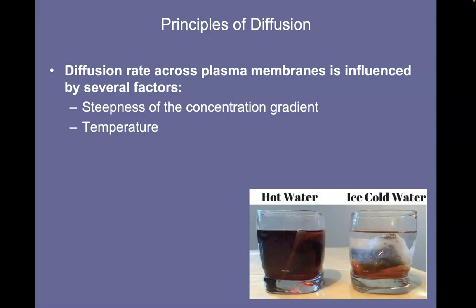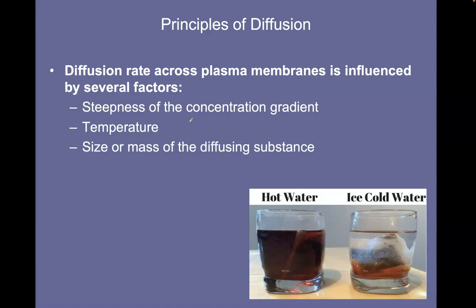We take our tea bag and put it in hot water because those molecules are going to diffuse much more rapidly into hot water than into ice cold water. So obviously, the warmer the temperature, the faster the rate of diffusion. Next, the size or mass of the diffusing substances.